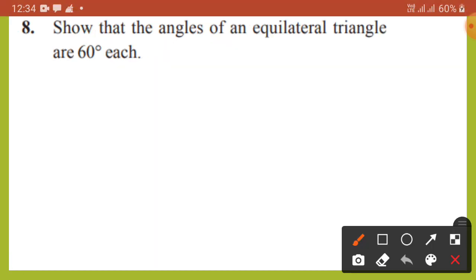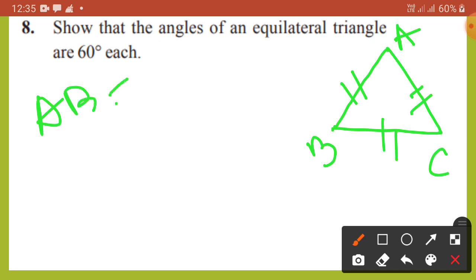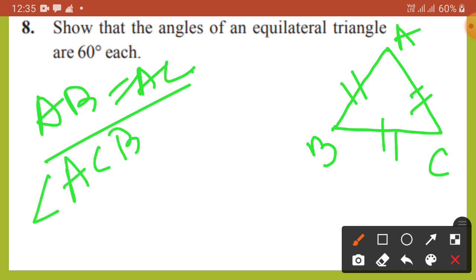Now question number 8. The question is to prove that the angles of an equilateral triangle are 60 degree each. As ABC is an equilateral triangle, so AB equal to BC equal to AC. Now AB equal to AC here, angle ACB is equal to angle ABC.